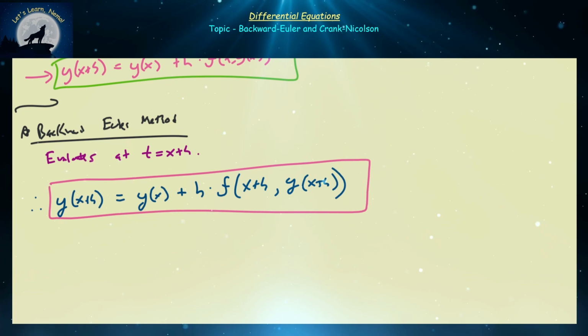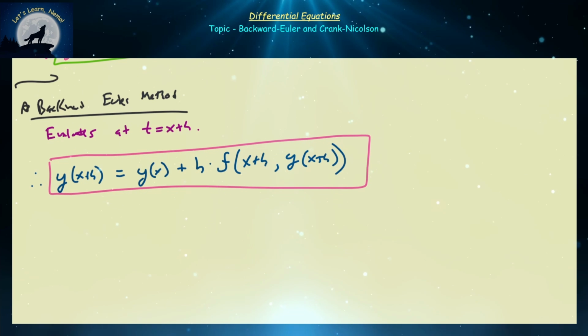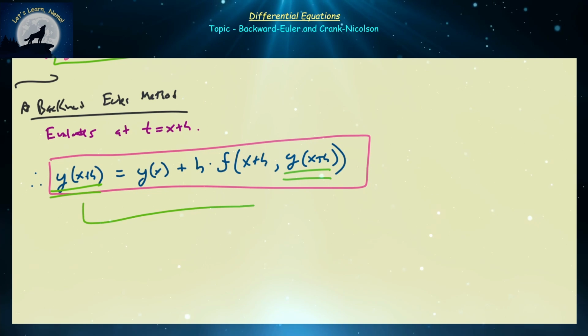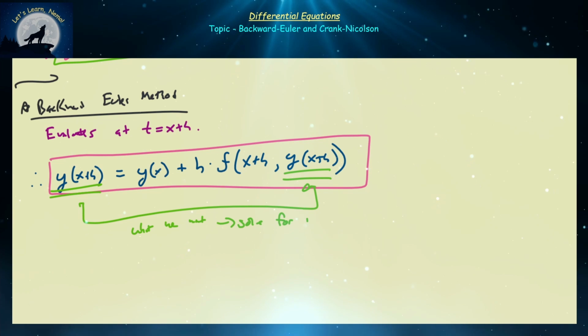Now, what's interesting about the backward Euler method, again, y of x plus h is what we want to know, but it's also located on the right-hand side. So we have to solve for it, right? So it's not a direct method. This is usually what we refer to as an implicit method.